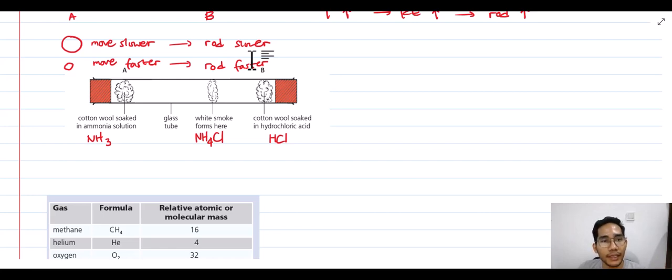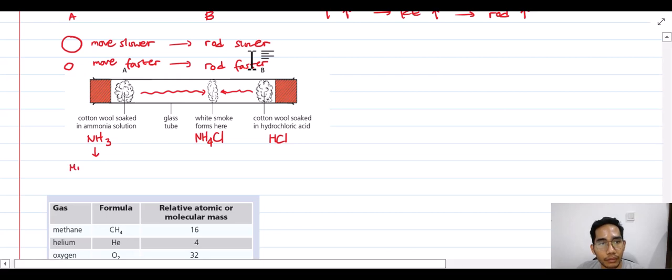That means that when ammonia has reached this far, the hydrochloric acid has only reached this far. That means that ammonia diffuses faster than hydrochloric acid. Now, what caused this? What causes this is the Mr, or the molecular weight, of each molecule.